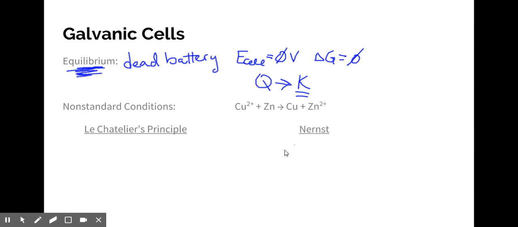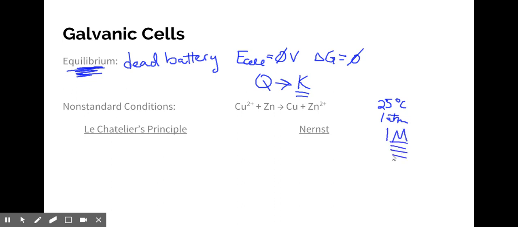The next principle that I want to go through is non-standard conditions. Now, when we were calculating our E cell, where we would take our reduced value plus our oxidized value flipped, that was for standard conditions. Standard conditions means that I have 25 degrees Celsius, 1 atm, and most importantly, 1 molar.